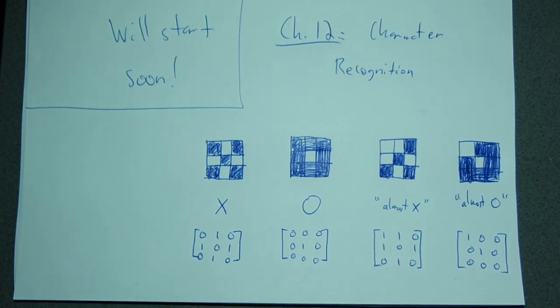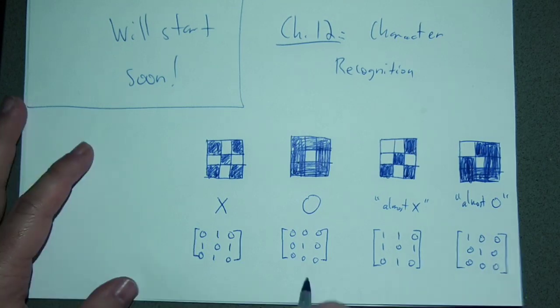Now, the idea is to label these in some way. The first few computations I'm going to do with these, I could actually leave them in this form, but it turns out that more conveniently, what I'm going to want to do is unroll these matrices.